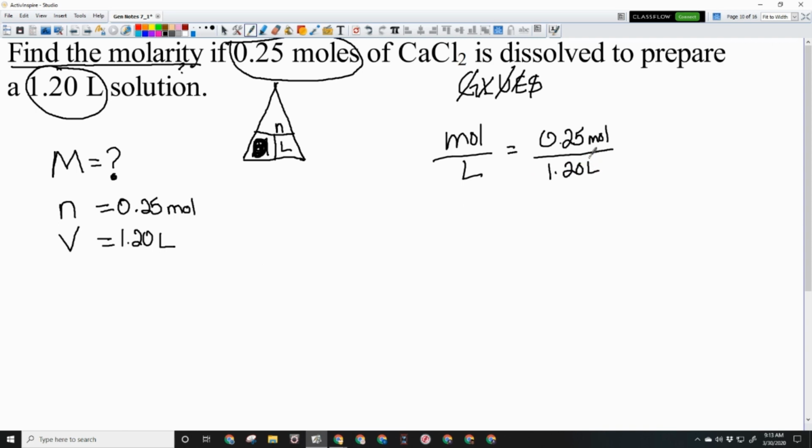If you want to grab your calculator, 0.25 divided by 1.20. That's going to give us 0.2083.